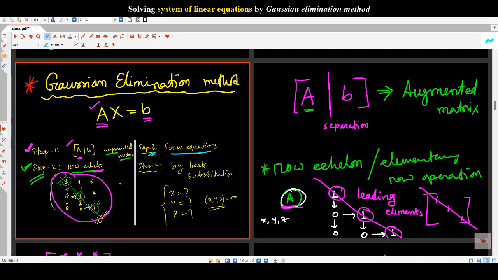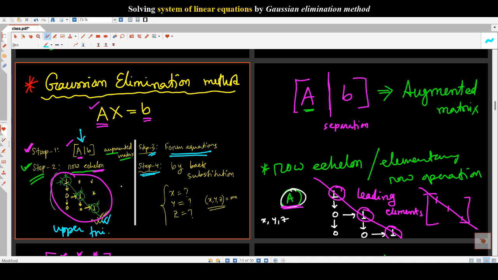Remember, from equations we have written this augmented matrix, and now after step 2, after having the upper triangular matrix here, and the diagonal entries with 1, we will now start forming equations. Those are the reduced equations that we will have.